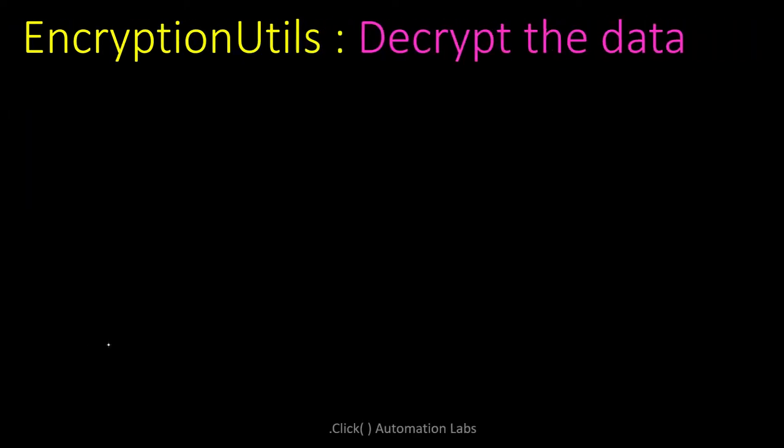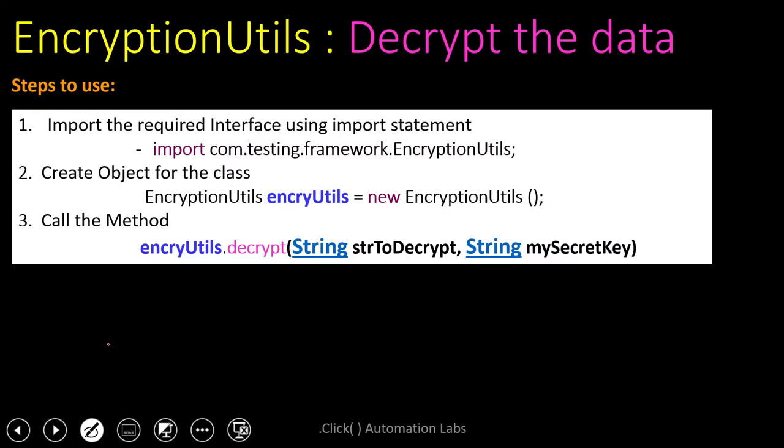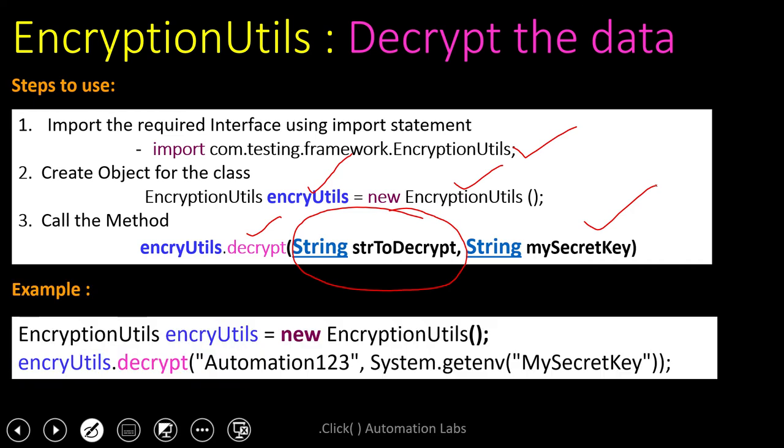To decrypt, the next part is the same. First import the class, and this is my object name for this class, and this class dot decrypt is my method. Now if I want to decrypt, I need to pass my encrypted code and my secret key. Look at this example.